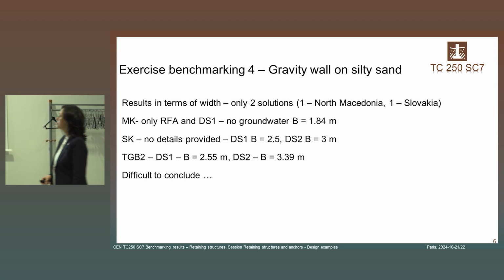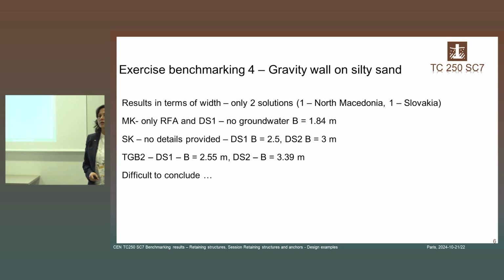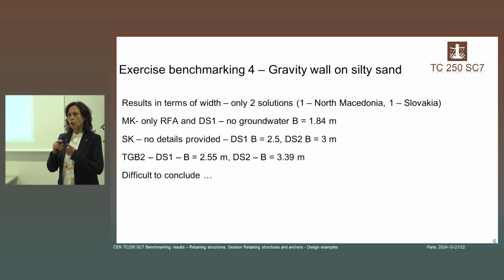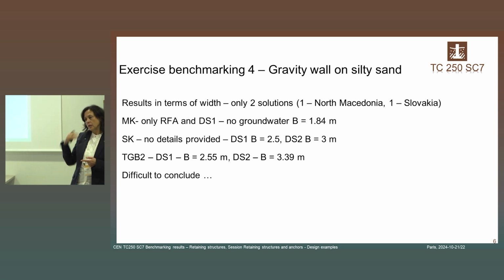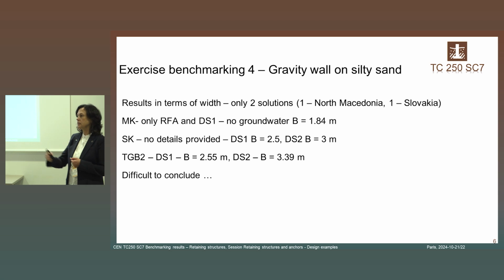So it is difficult to conclude, but now we can understand a little bit where this is coming from, either from a different understanding of MFA, RFA. They didn't check both of them, so this is probably a national choice that was made previously with the first generation of the Eurocode, so they did it according to their national practice.